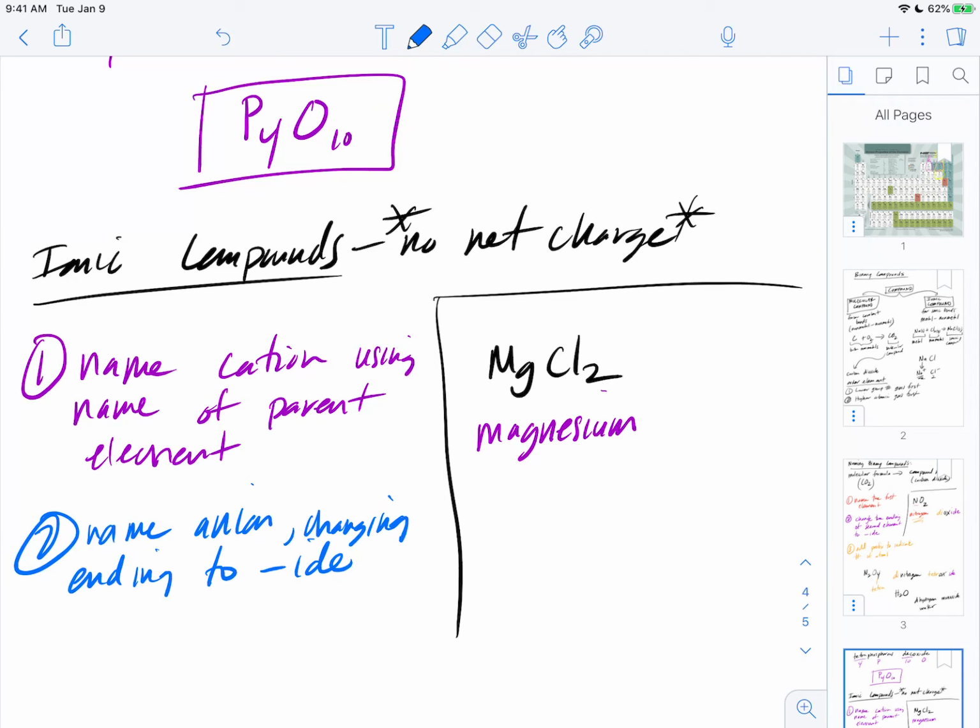So we would say magnesium, Cl is chlorine. Let me write that a little better so you can see it. Is chlorine. So I'm going to change this to "ide." So it would be magnesium chloride.